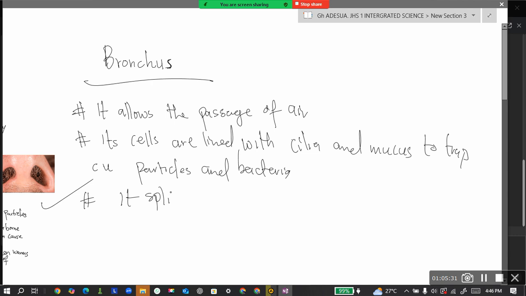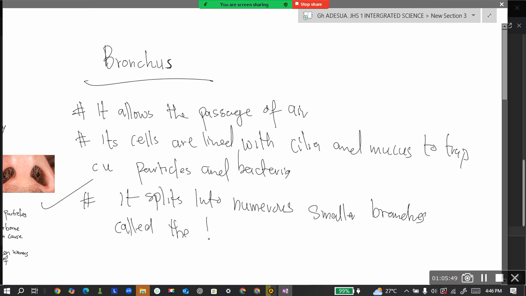It splits into numerous smaller branches called the bronchioles.